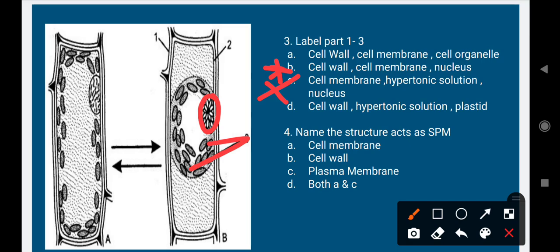So this is a very important question. Which solution is present inside the plasmolysed cell between the cell wall and cell membrane? It is a hypertonic solution. Name the structure here that acts as a SPM, that is a semi permeable membrane. It is the cell membrane. So here the correct answer for fourth is A, and for third it is D.